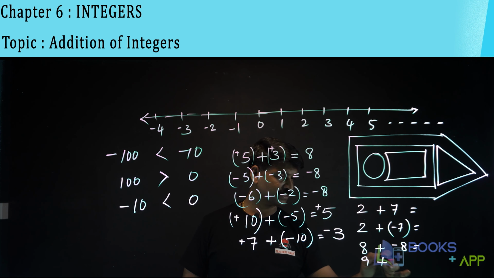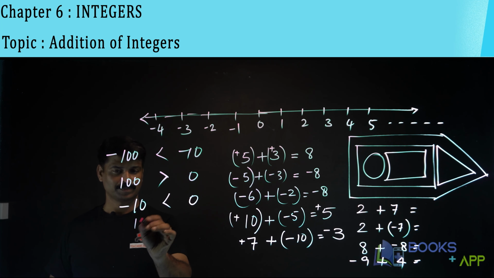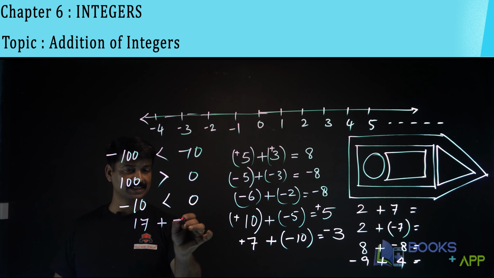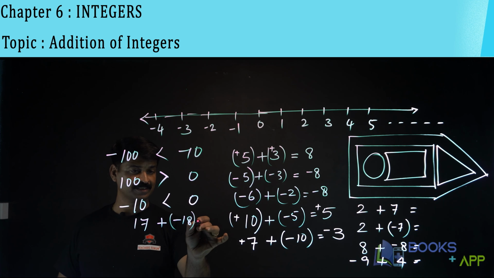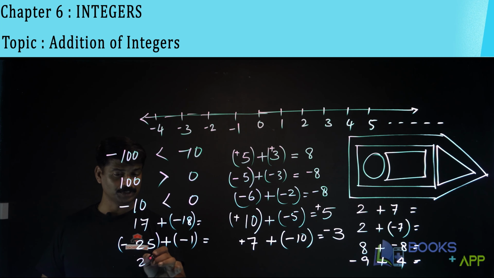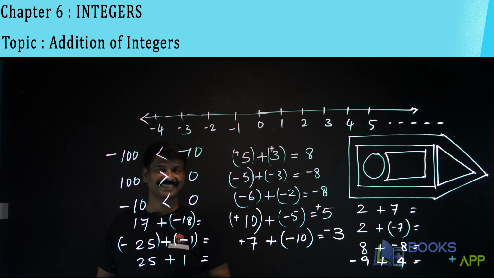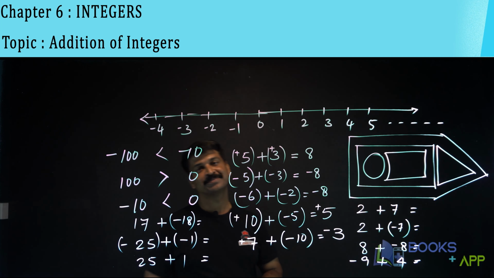Minus 9 plus 4. 17 plus minus 18. Minus 25 plus minus 1. 25 plus 1. Did you get the answer?